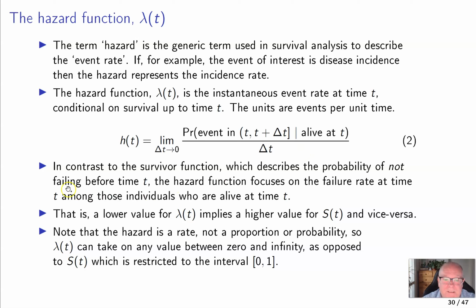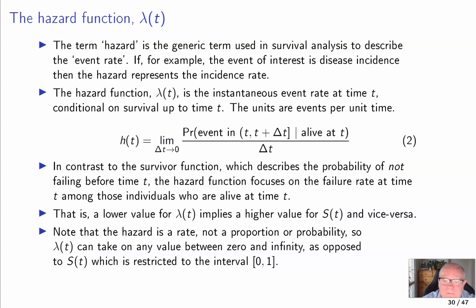Now, the survivor function is cumulative. It describes the probability of not failing before time t, from the start of follow-up, whereas the hazard function is instantaneous. So it focuses on the failure rate at time t among those individuals who are still alive at time t.